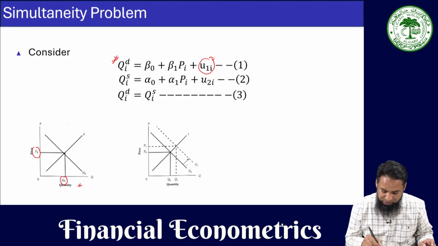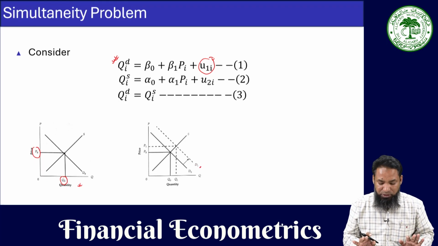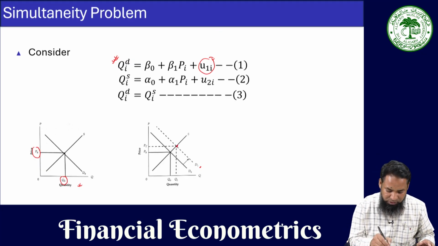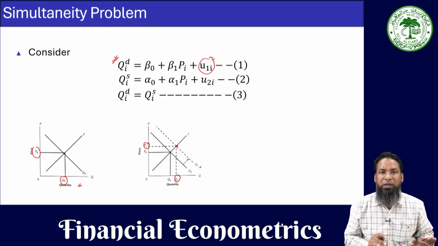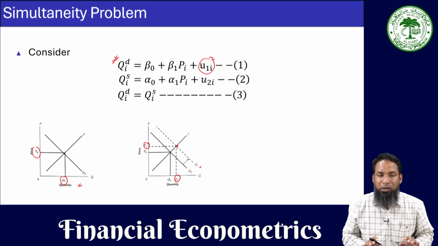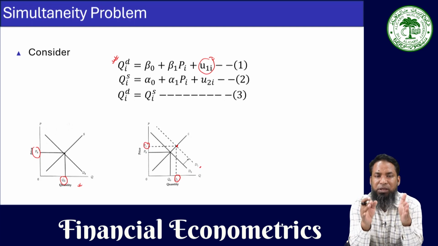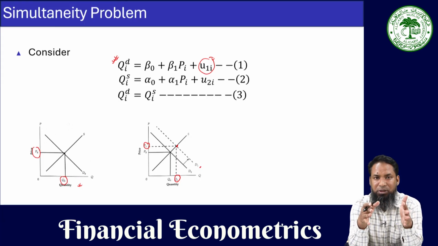So the demand curve shifts from D0 to D1, with no change in the second equation, the supply equation. But what is happening here? In equilibrium, both the price as well as the quantity are simultaneously determined. So there is a change in only one equation, but it affects the whole system, and both the price as well as the quantity change at the equilibrium. That is basically the simultaneity problem.